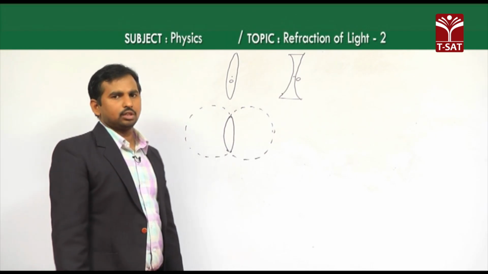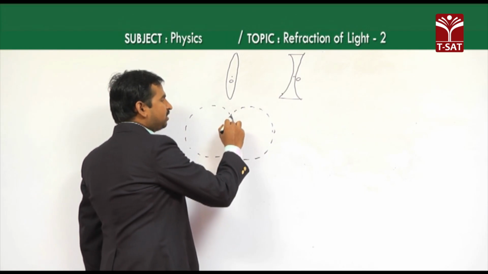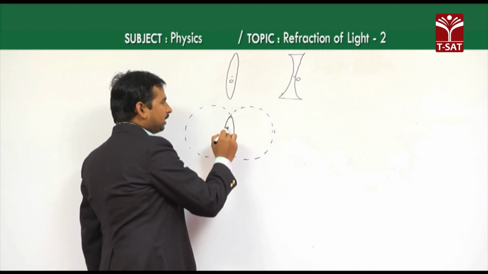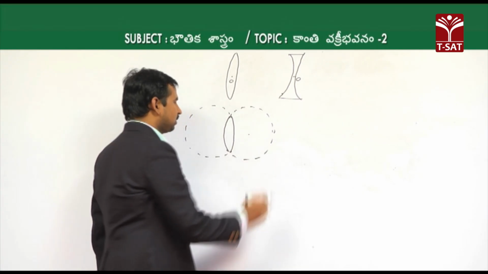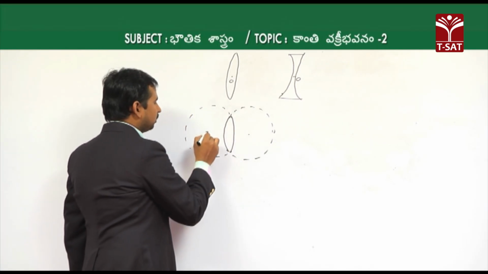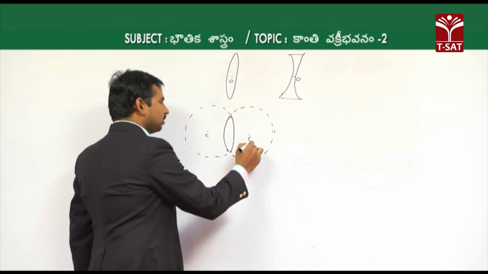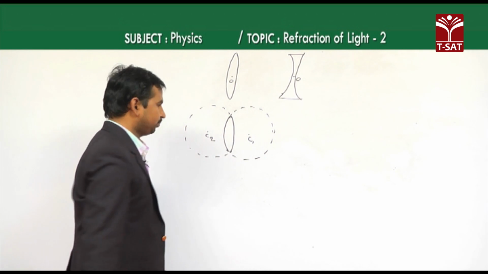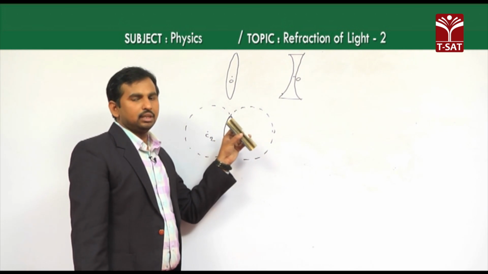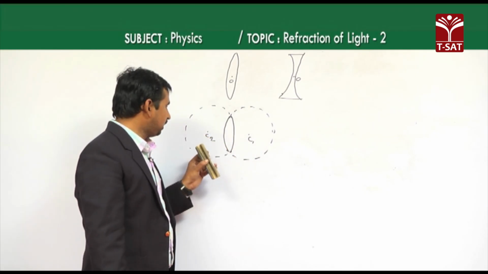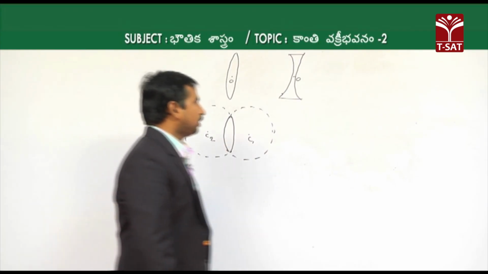Now if you imagine the glass sphere of which our lens is a part, the center of that sphere is the center of curvature. This is C1 and this is C2. C1 is the center of curvature for the first curved surface, and C2 is the center of curvature for the second surface.